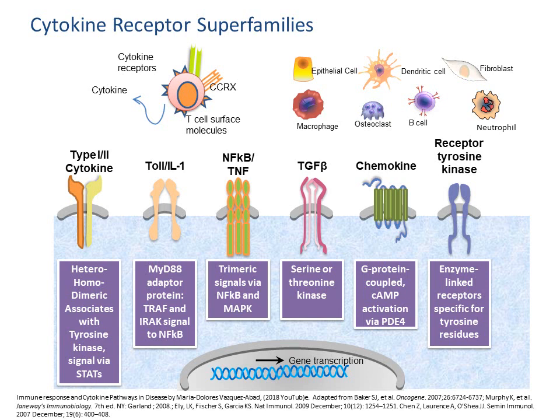It's a different protein associated to the receptor in the type 1-2, whereas in the receptor tyrosine kinase, the tyrosine residues are in that receptor. And that's what characterizes the 6 different families of receptors.